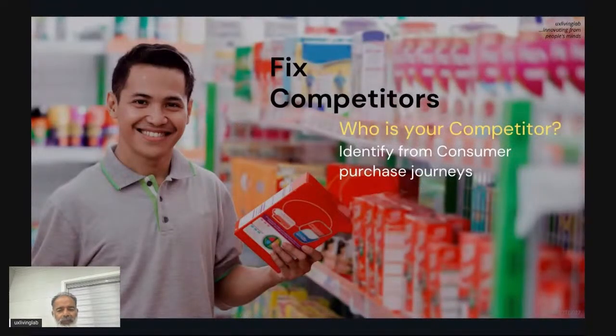Then the other method is from consumer purchase journeys. Every consumer purchase has a journey. What is it? The consumer wants a product and decides that I want to purchase something. For example, I want to buy a car.